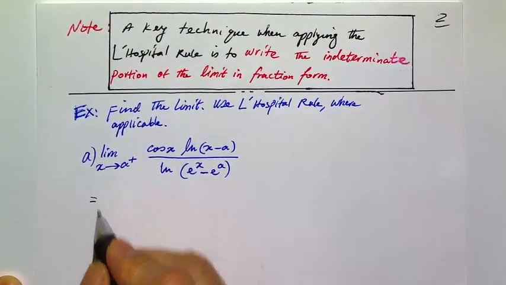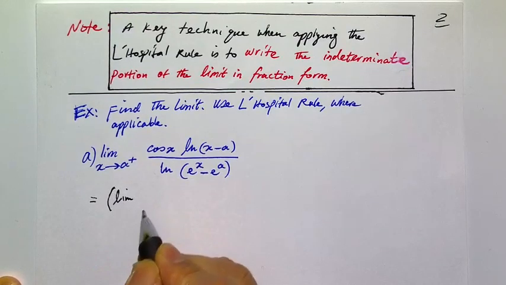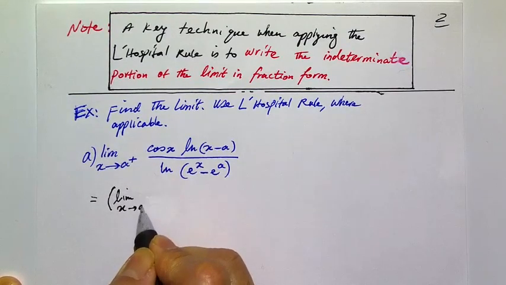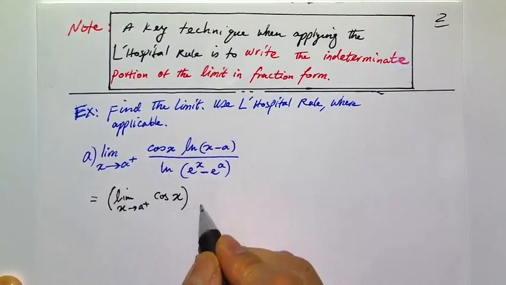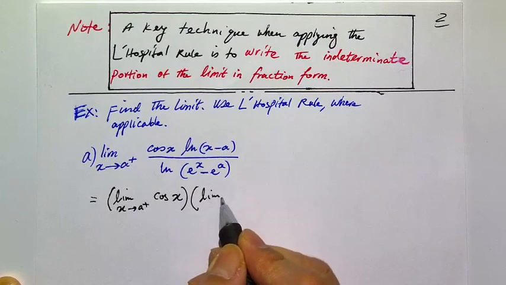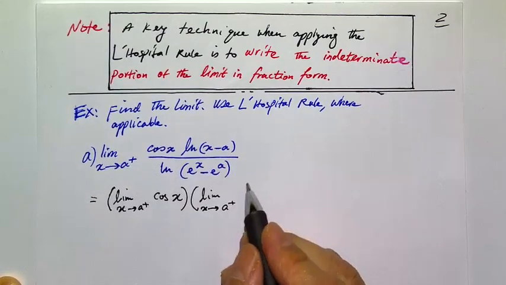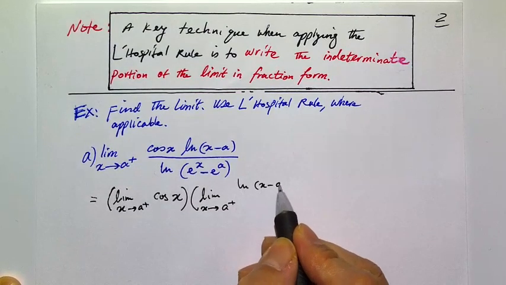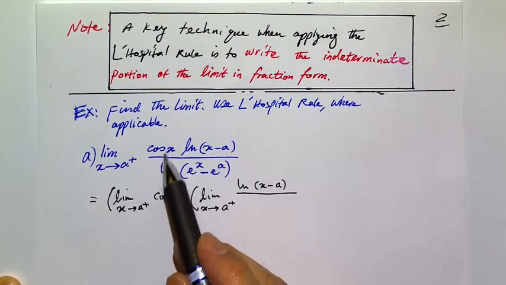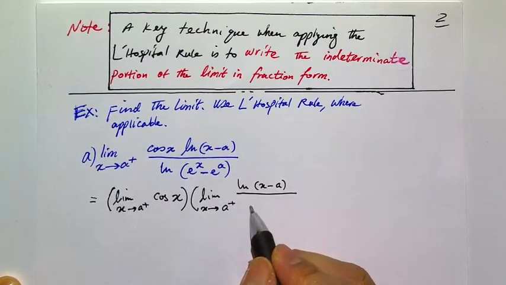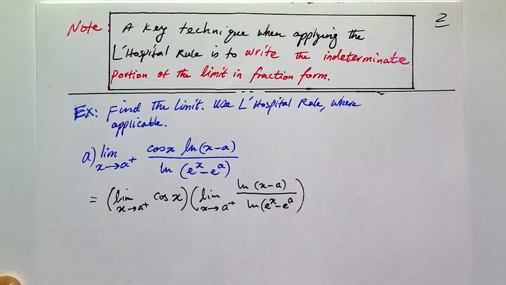So we have, if we take the limit of cosine, this piece, cosine of x, times the limit of the other piece of this expression. So notice I broke it up into the indeterminate piece of this expression and the part that is okay. And natural log of e to the x minus e to the a.